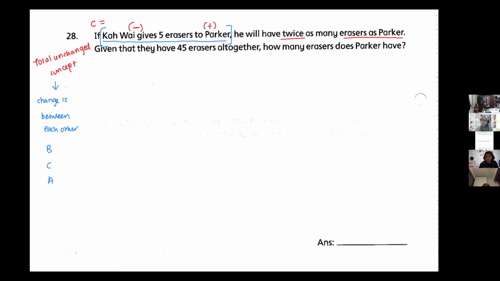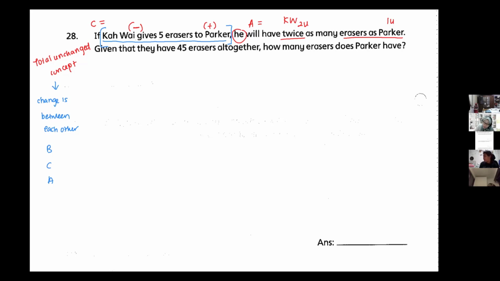Parker gets it, so Parker plus. Kawe minus, Parker plus. Plus what? 5. Minus what? 5. Then, he will have twice as many erasers as Parker. So this is my after. Who is the he? He means Kawe. We'll have twice. Twice means 2 units, as many erasers as Parker, so Parker is 1 unit.